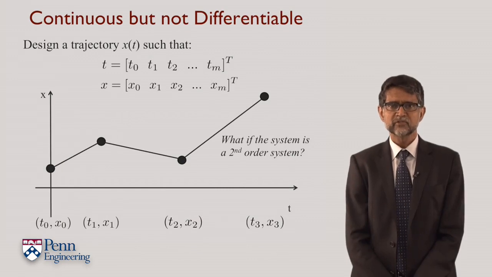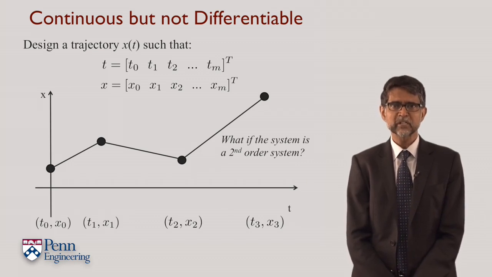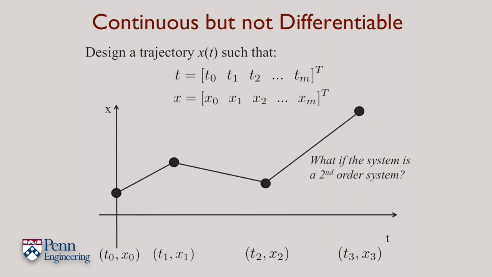Once you get started on the first segment, it's impossible for a second-order system to make the sharp turn at the kink. In order to make the trajectory more amenable to a second-order system, you want to insist that the trajectory is smooth and not have this kink that you see at the intermediate time points.